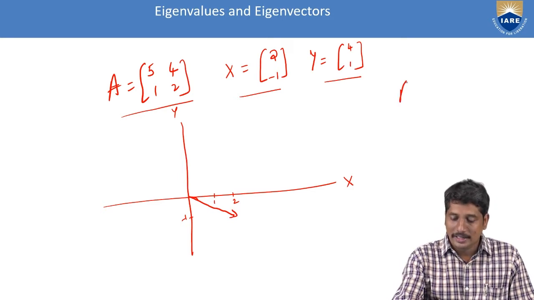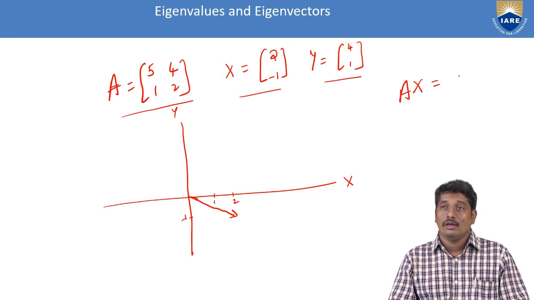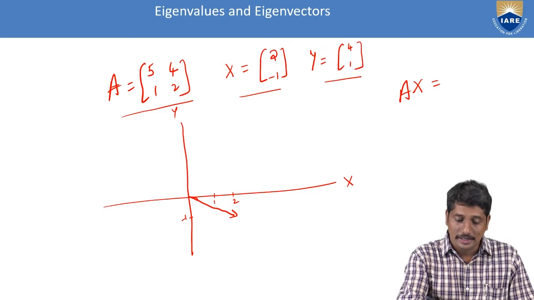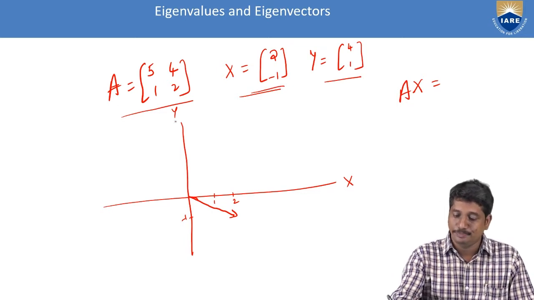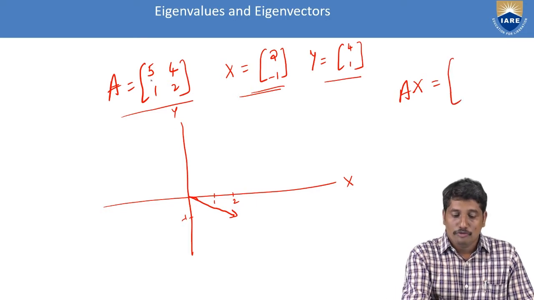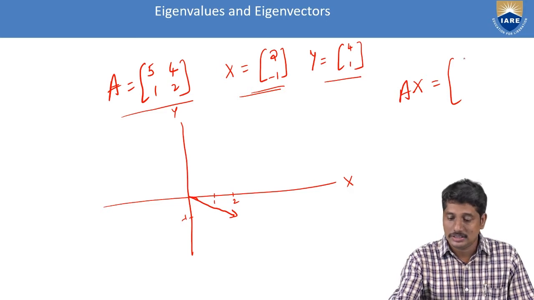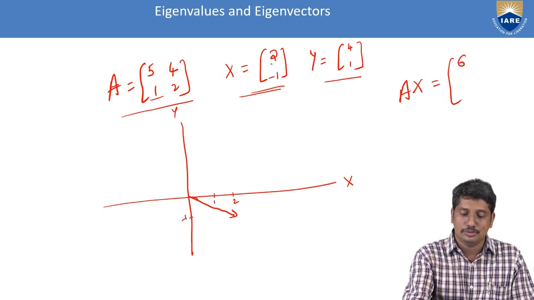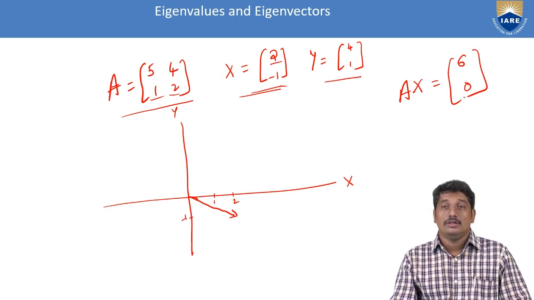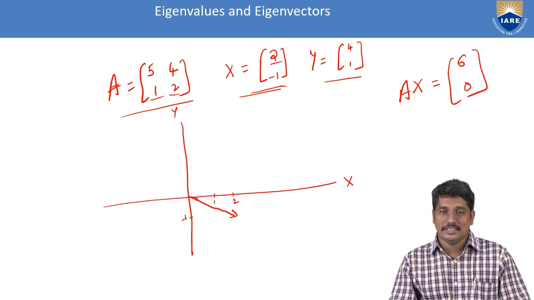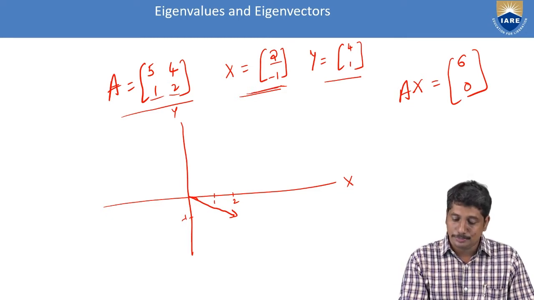Now let us multiply the vector x with the given matrix A. What happens if you multiply the given vector 2, minus 1 with the given matrix A? The product will be 5 into 2 plus 4 into minus 1, that is 6. 1 times 2 and 2 times minus 1, that is 0. So after multiplication with the matrix A, the vector x has been changed to 6, 0.